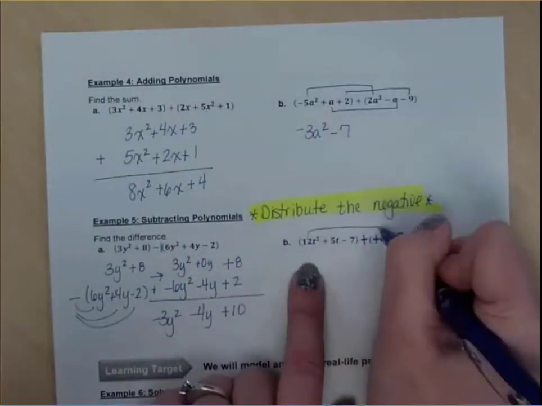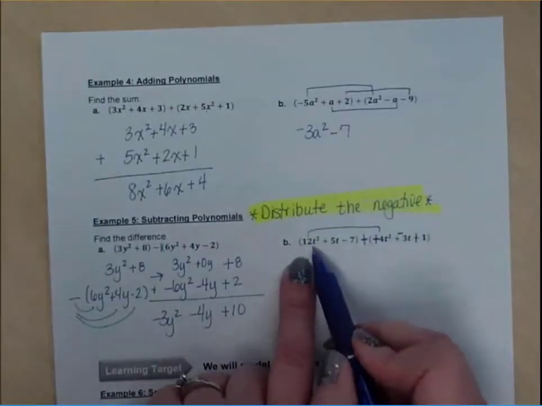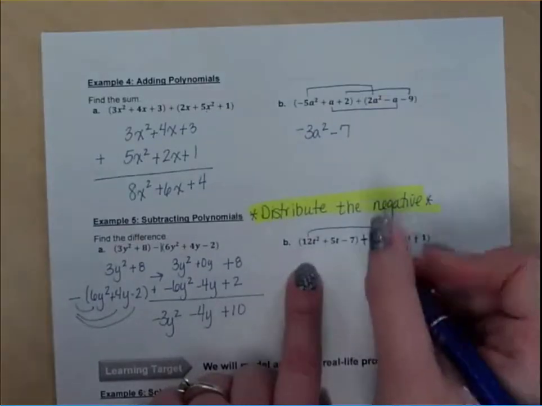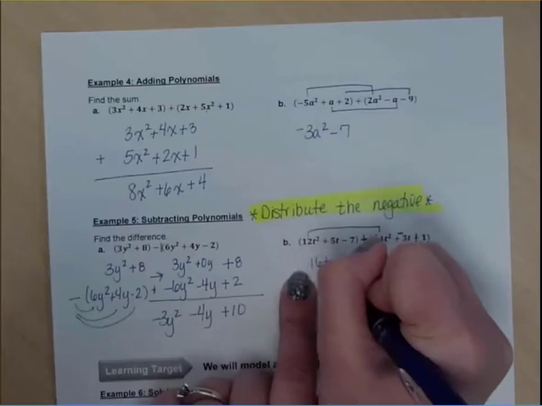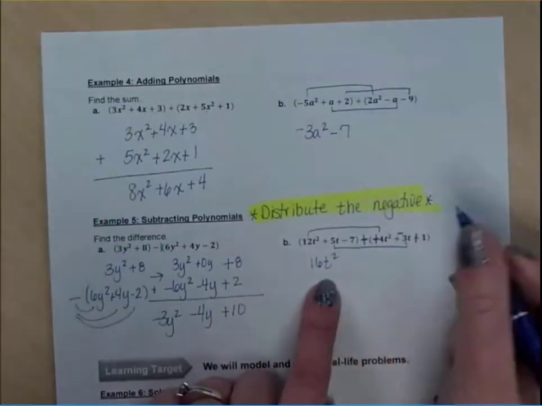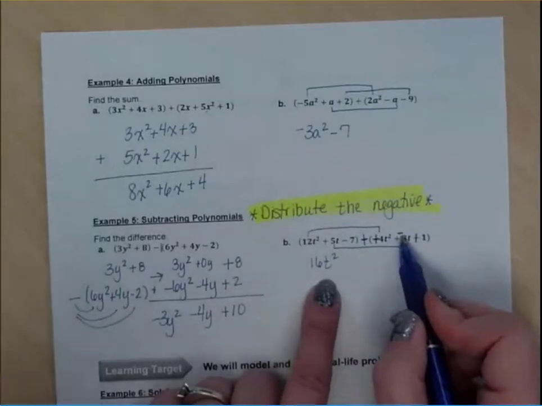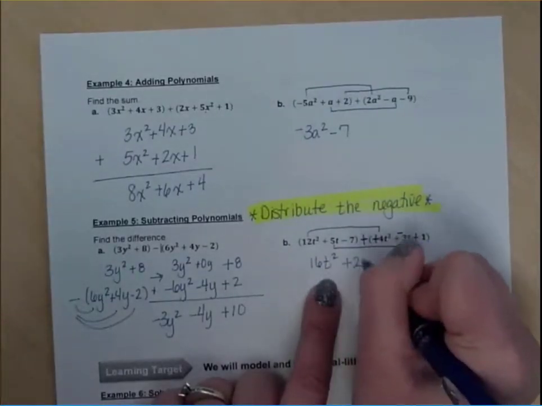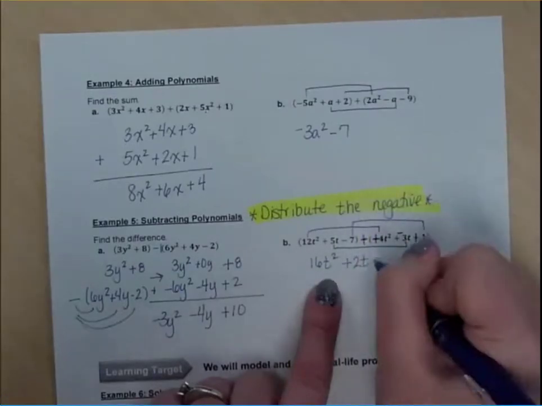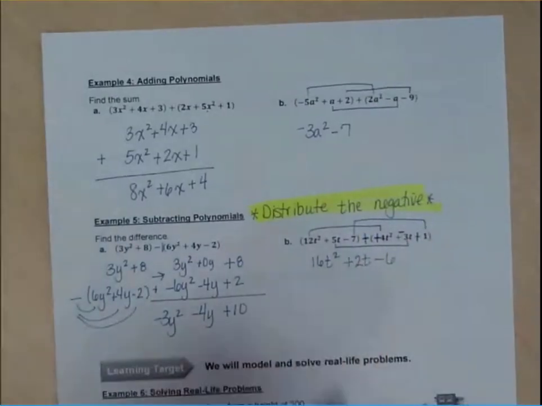So if I wanted to combine my like terms here, I can do that now. So 12t squared plus 4t squared gives me 16t squared. 5t plus a negative 3t gives me 2t. And then negative 7 plus 1 gives me a negative 6.